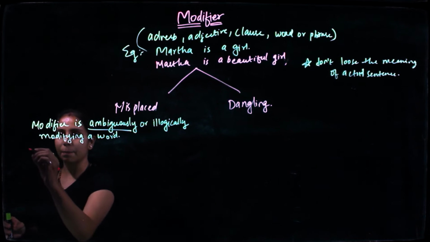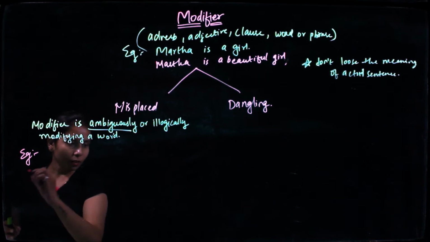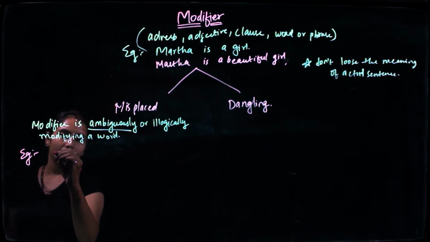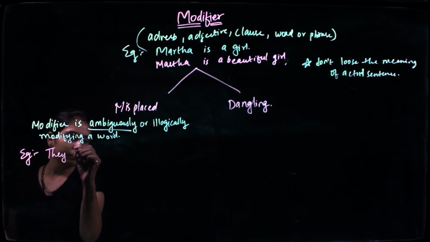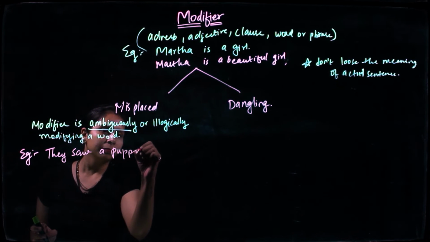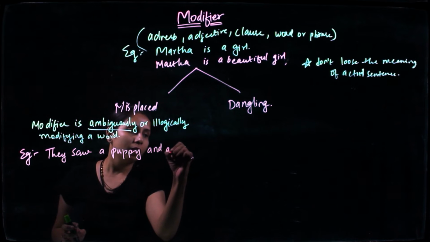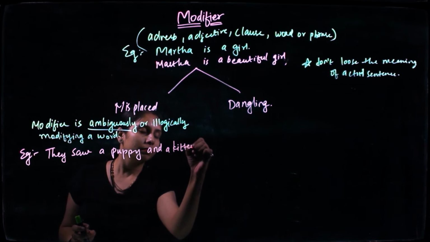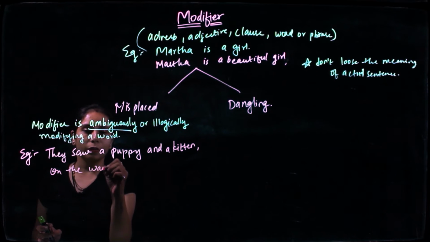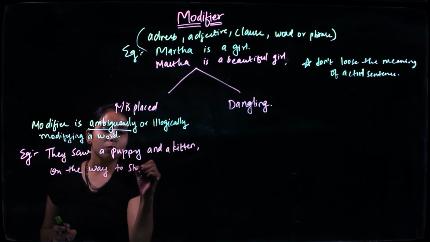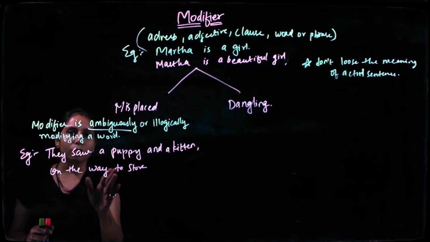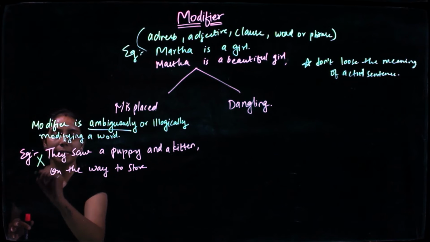I would give you an example over here. For example, they saw a puppy and a kitten on the way to the store. Here the main sentence is behind, so that's where it goes wrong. This is the incorrect sentence.